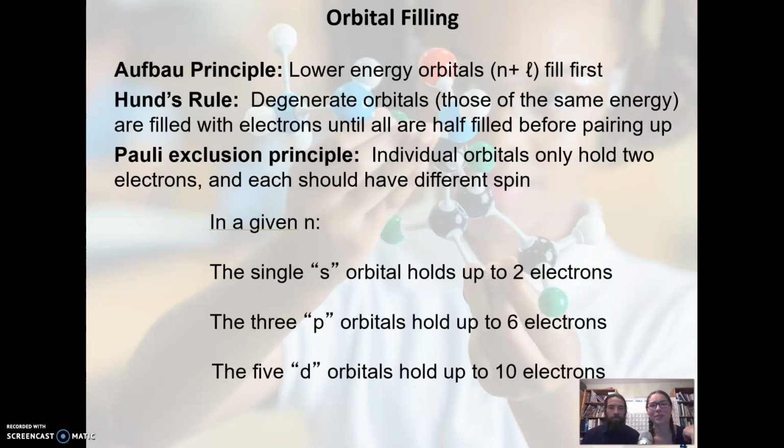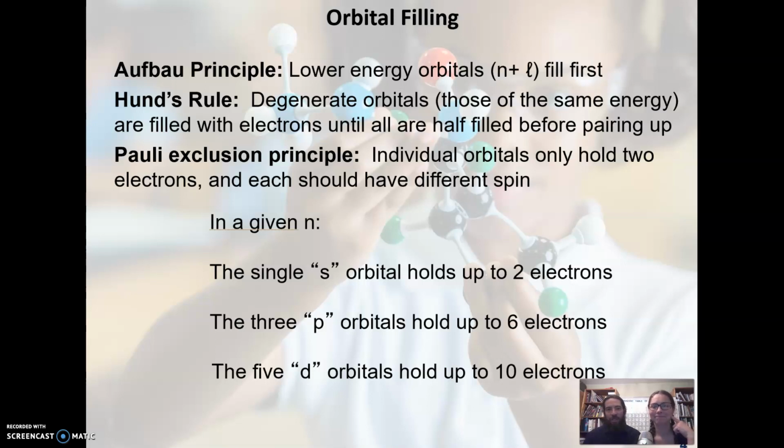As we go through this orbital filling, how these orbitals are filled with all of these electrons, we're going to be using these rules, and we'll bring them up as we need them to build the electron configuration. We should note that the Pauli exclusion principle is of utmost importance right now, because we just talked about the spin.